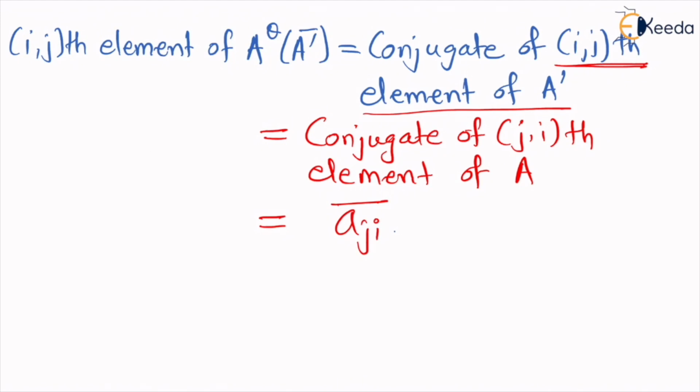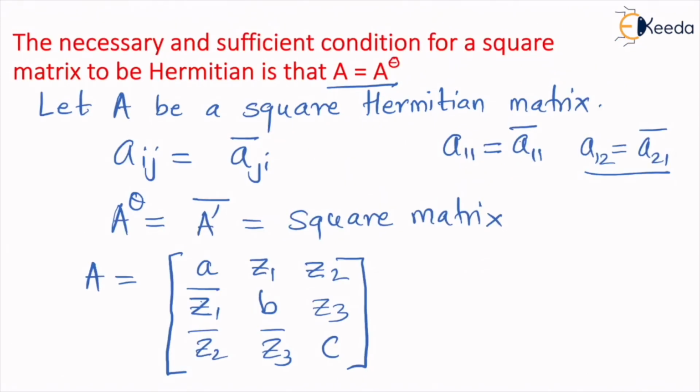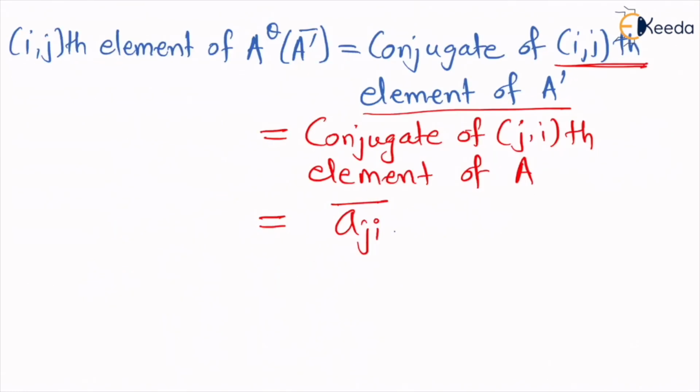Now if we go back to the definition of a Hermitian matrix, we know that Aji bar is equal to Aij.